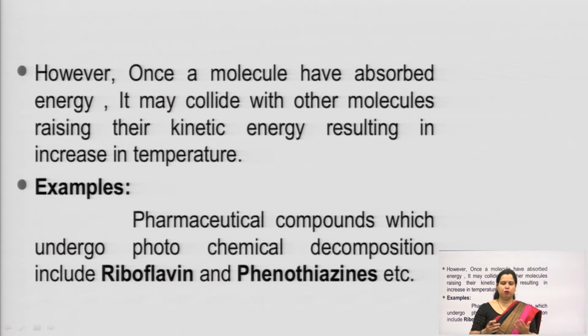Basically, when the reactant molecules absorb light, the temperature will rise during the collisions. For example, pharmaceutical compounds which undergo photochemical decomposition include riboflavin and phenothiazines, etc. So, some drugs are susceptible to this kind of light absorbance, and it may result in the decomposition of the active pharmaceutical ingredients during the reactions.